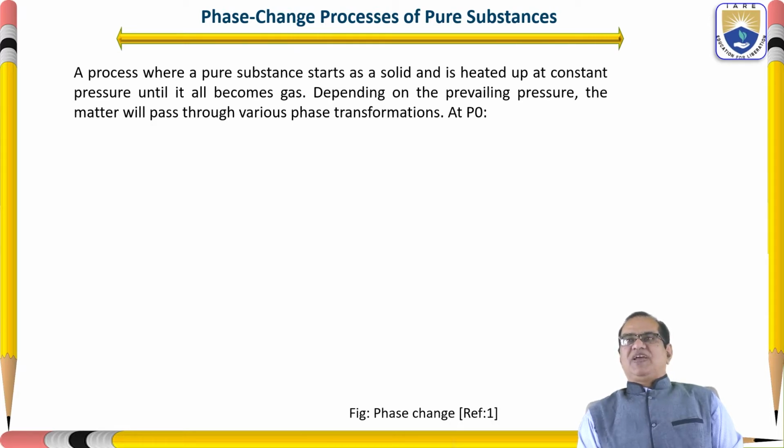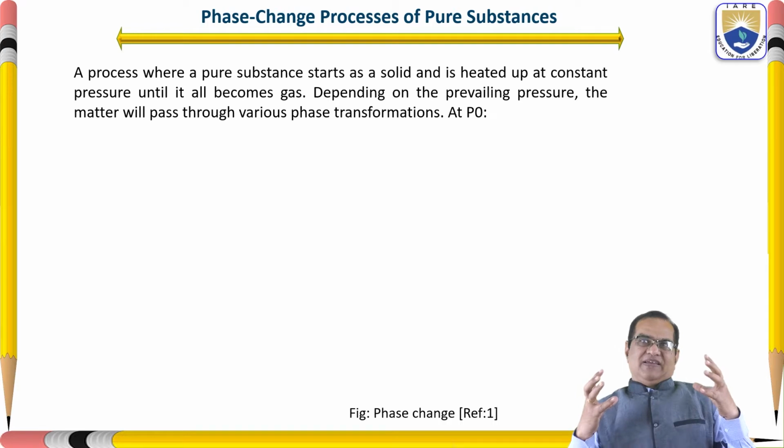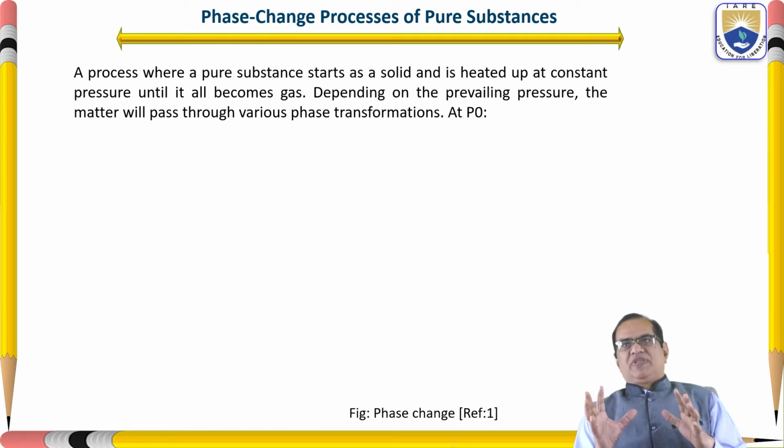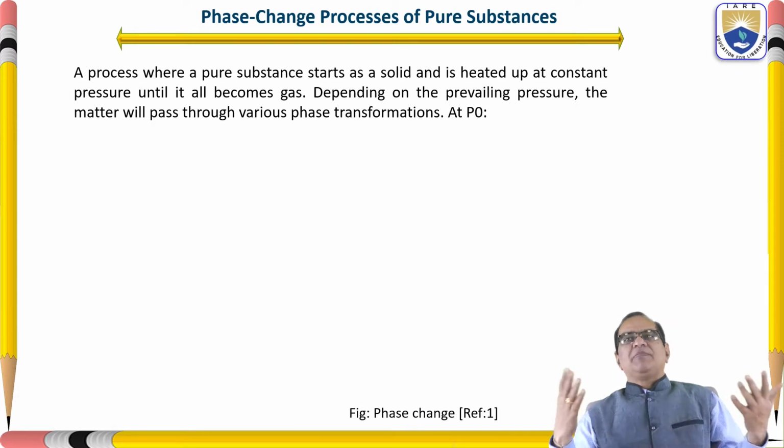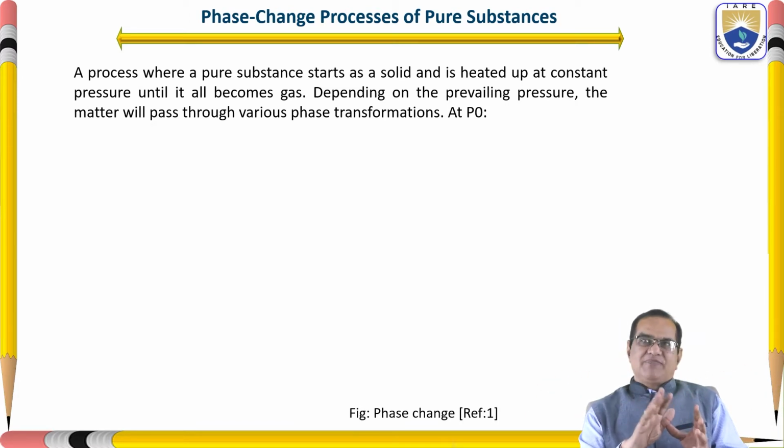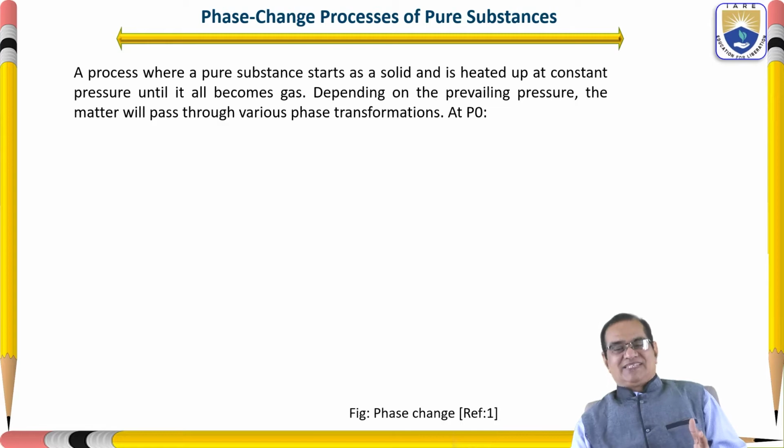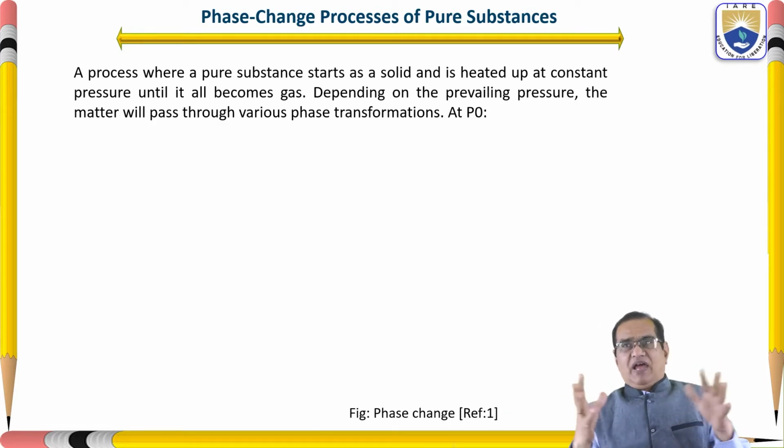Depending on the prevailing pressure, the matter will pass through various phase transformations. So if you take a solid and heat it up, then this solid may become liquid, and after that it may become gas, or sometimes solid may become gas directly. So these depend upon the pressure and other conditions. This we will be discussing in due course of time.